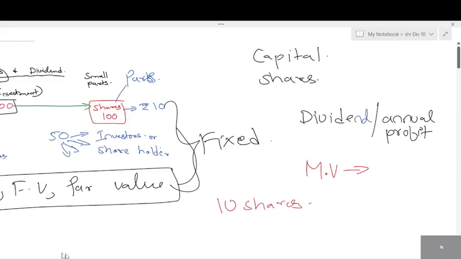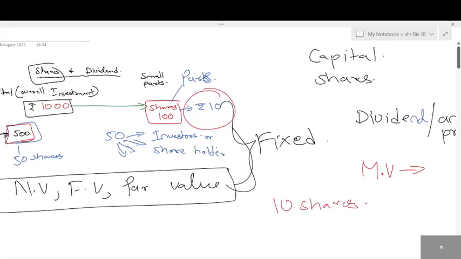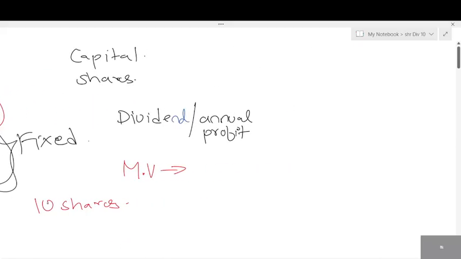Each share is how much? Rupees 10. So how much would I have paid to buy 10 shares? 10 into 10 is 100. So I would have paid 100.